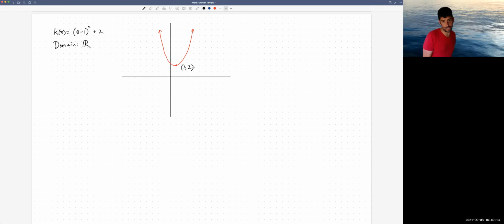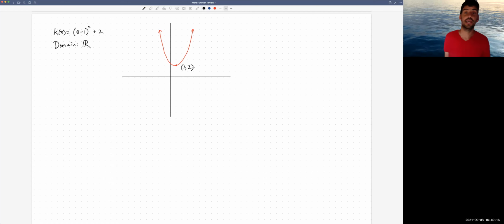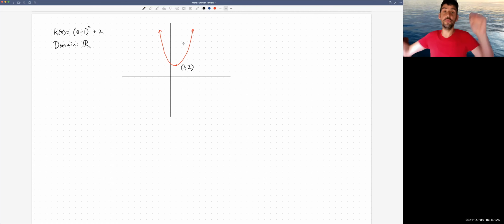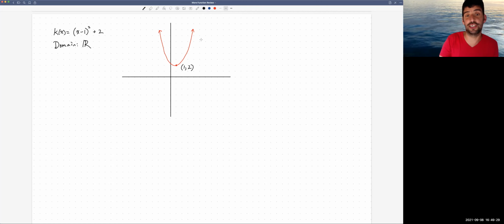Using the knowledge I have of quadratics, of parabolas, I can look at this graph and see, well, what's going to happen? I can get any y value by simply moving further away from that vertex, right? The further up you want to go, I move further away from that vertex. So I can get all these values above 2 by moving further out.